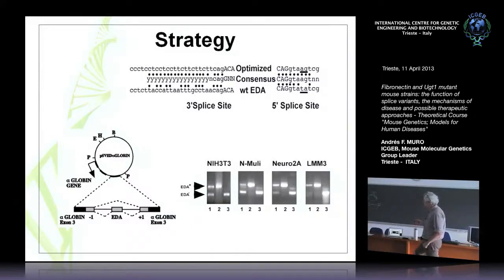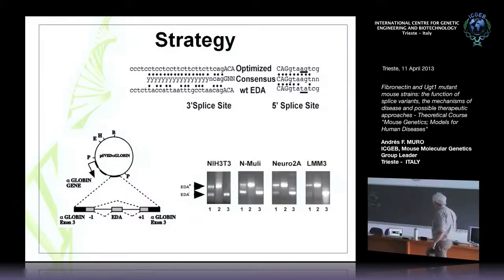This is transfection into cells and then RT-PCR. This is the wild-type situation in each cell type. And when we transfected the construct containing the mutation, we observed in all cases the full inclusion of the exon.